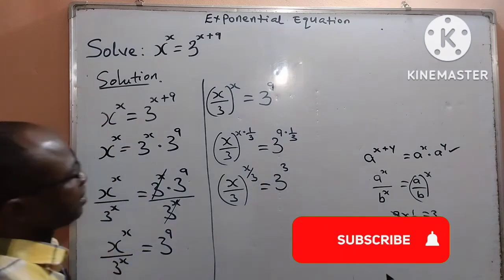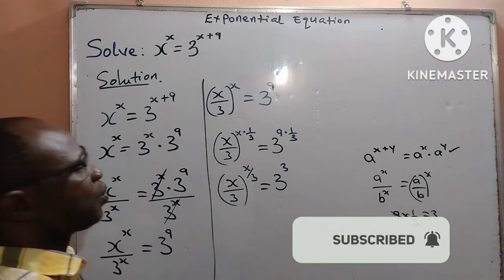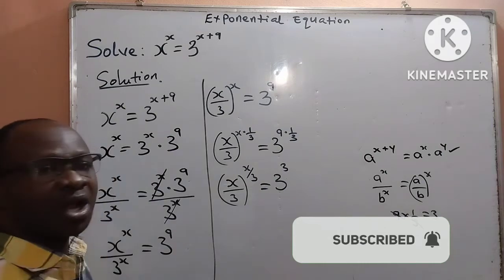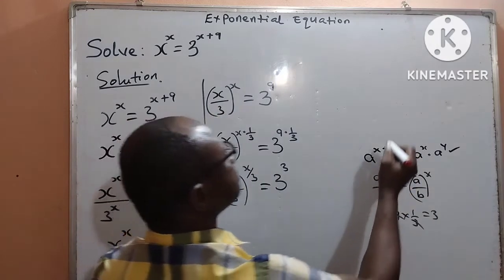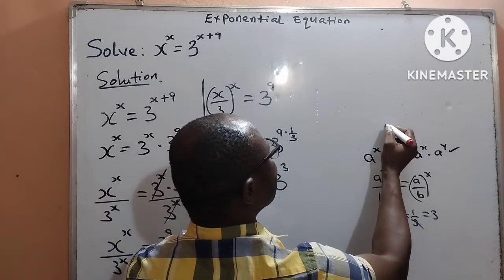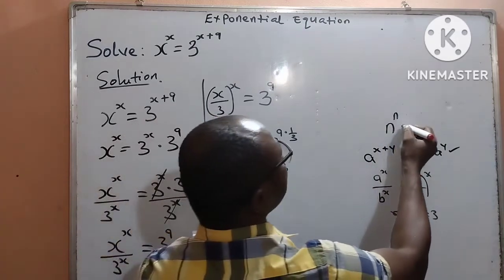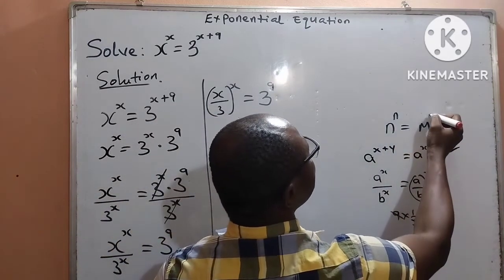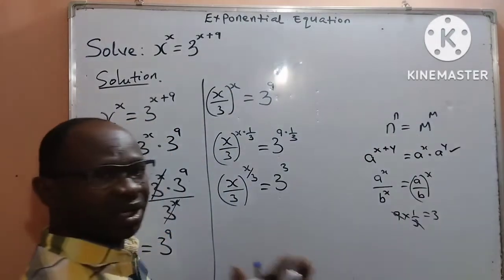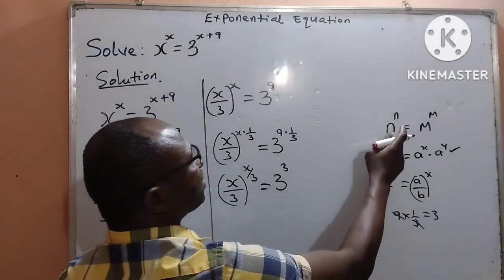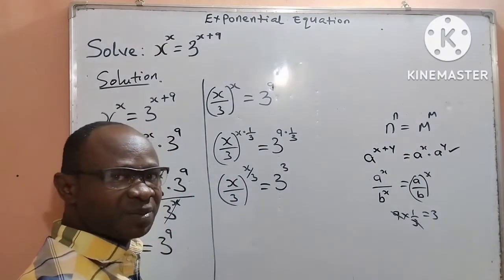Very good. Now, at this point, I also want to bring in this law of indices: if I have m to the power of n equal to p to the power of n, it implies that the base on the right is equal to the base on the left.